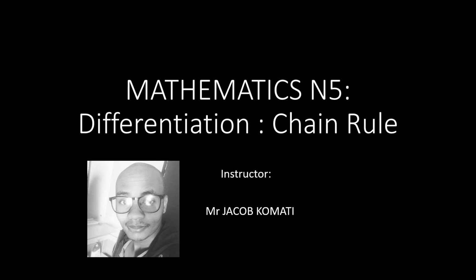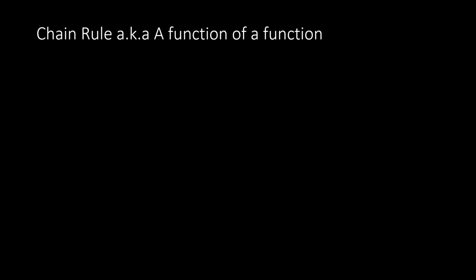So I'll start with basics. From your formula sheet, you have this equation. If you check under chain rule, you have y as a function of u(x). That's why another name for chain rule is a function of a function.